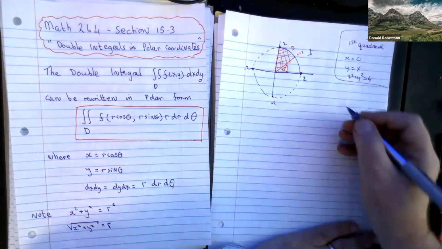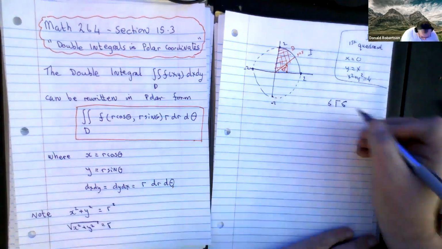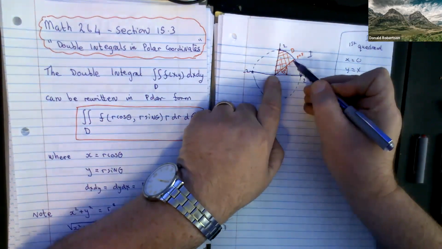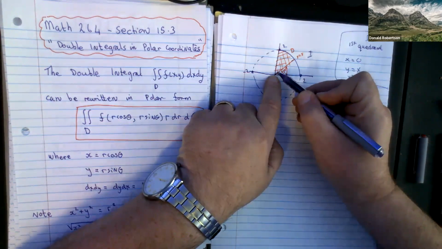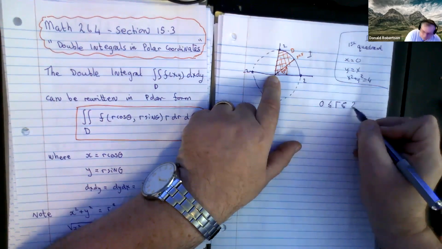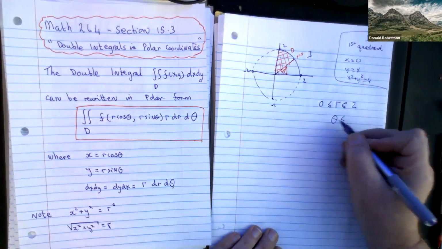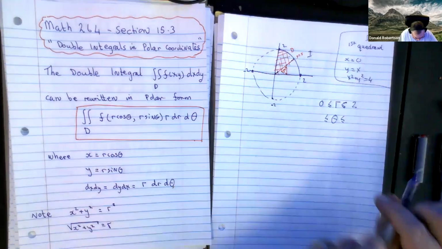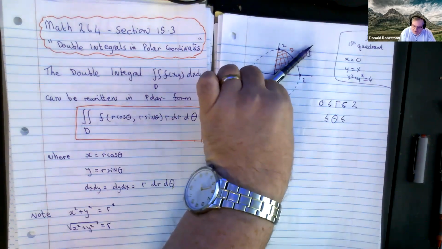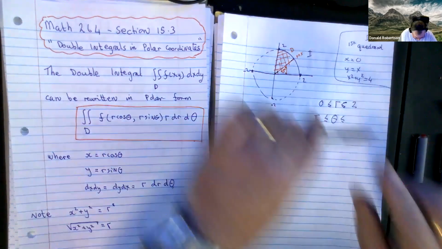Now, the limits of integration for r and theta are coming up. If you imagine this as being one of the lines, r starts at the origin and it finishes at the end. So it's 0 to 2. The theta is a bit trickier. The angle starts here at 45 degrees, which we turn into radians is pi upon 4.